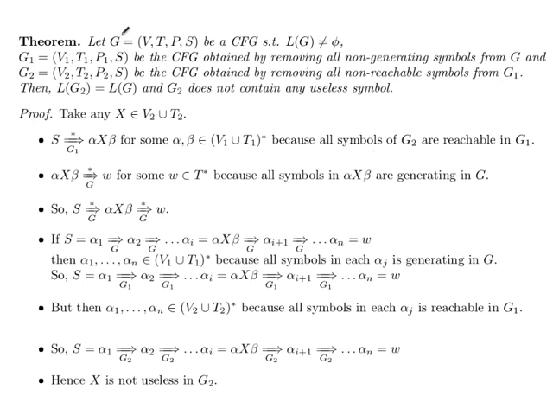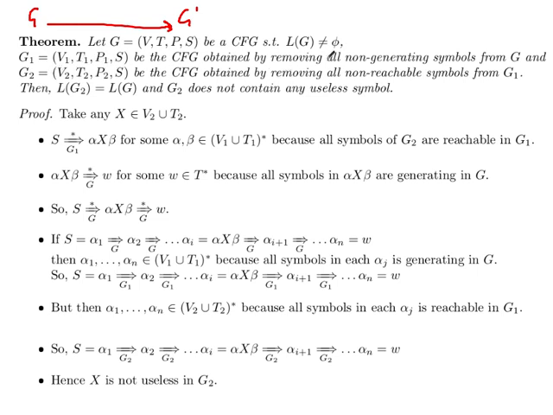So we are given this grammar G, okay, so this G is given, and then from here you are going to this G1. And how do you obtain this?